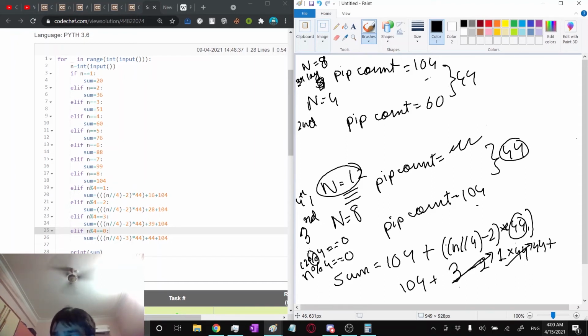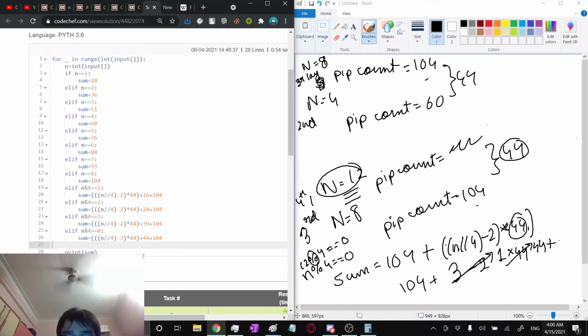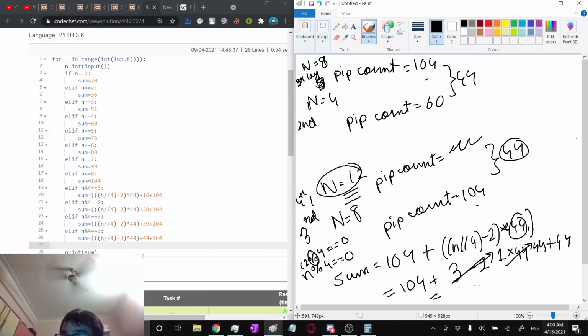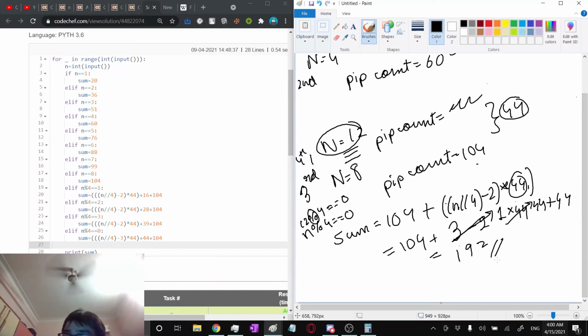It keeps the remainder. So in this situation, we will add another 44 in it. So what our sum would be is 88 plus 104. It would be 192. This would be the sum for n equal to 12. Now let's test it for n equal to 8. We should get 104.